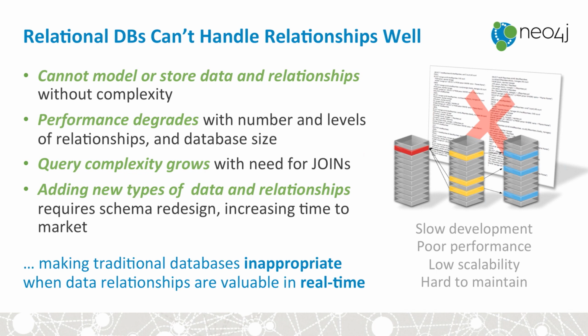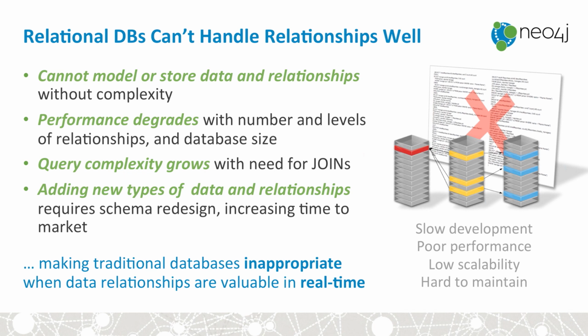But performance degrades a lot with the number and levels of relationships, as you require a large number of joins to normalize tables, or even many self-joins in some types of queries. The performance really vastly degrades.